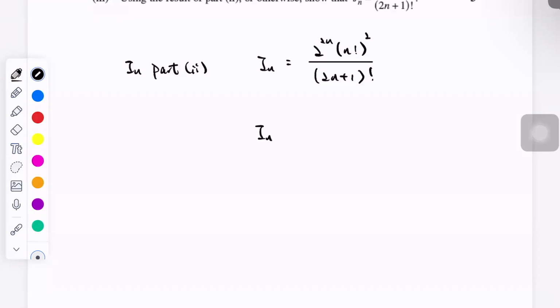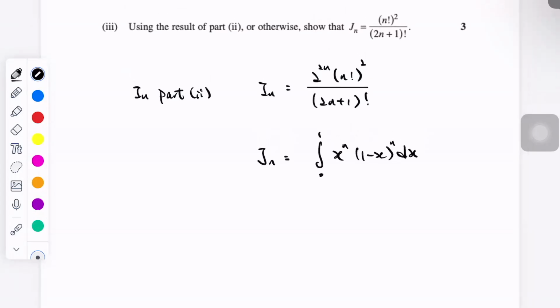And then Jn now is the integration from 0 to 1 of x^n times (1 minus x)^n dx. And at the same time, for the first part, In is the integration from 0 to pi over 2 of sine^(2n+1) 2 theta d theta.